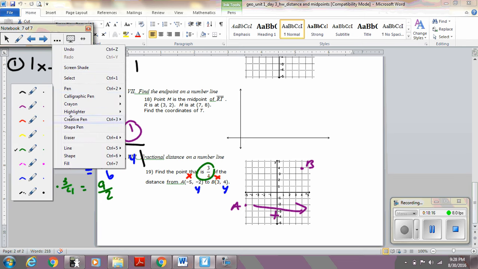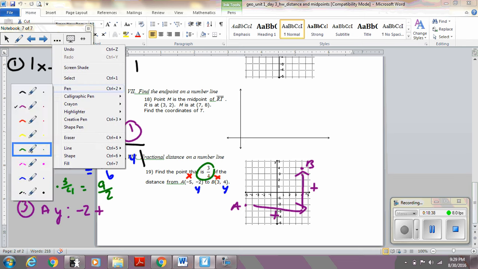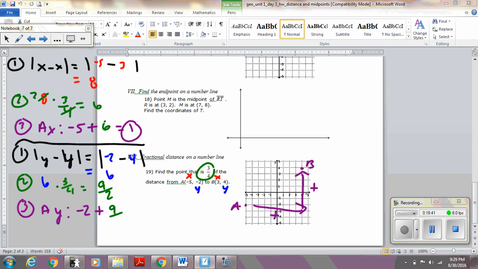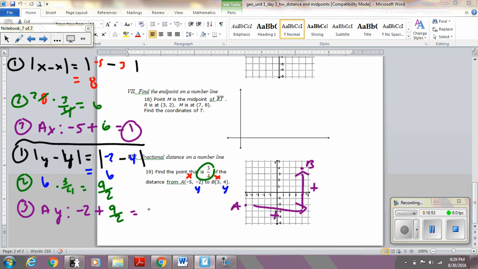And last but not least, A's y value is -2. Since we're going upwards, we're going to add the fractional distance of 9/2, or 4.5. So if I have -2 plus 4.5, I would end up with +2.5.